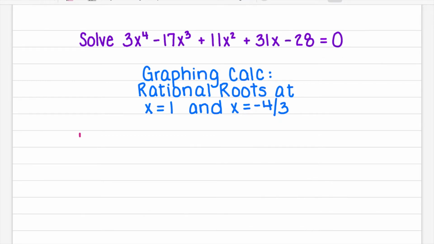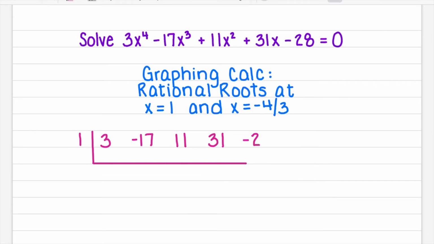So I'm going to put my 1 outside the little house. Okay, I'm going to write my coefficients, make sure that none of the terms are missing, which they're not. Be very meticulous with all your signs.